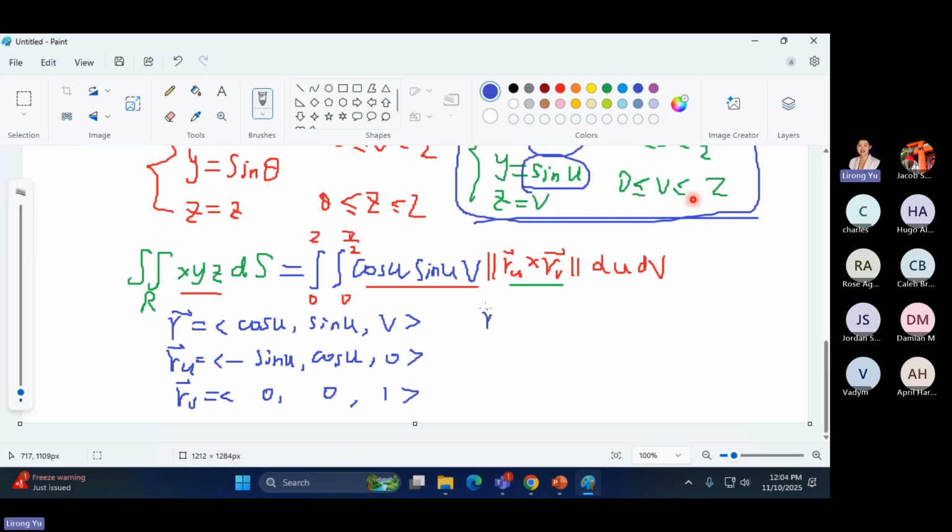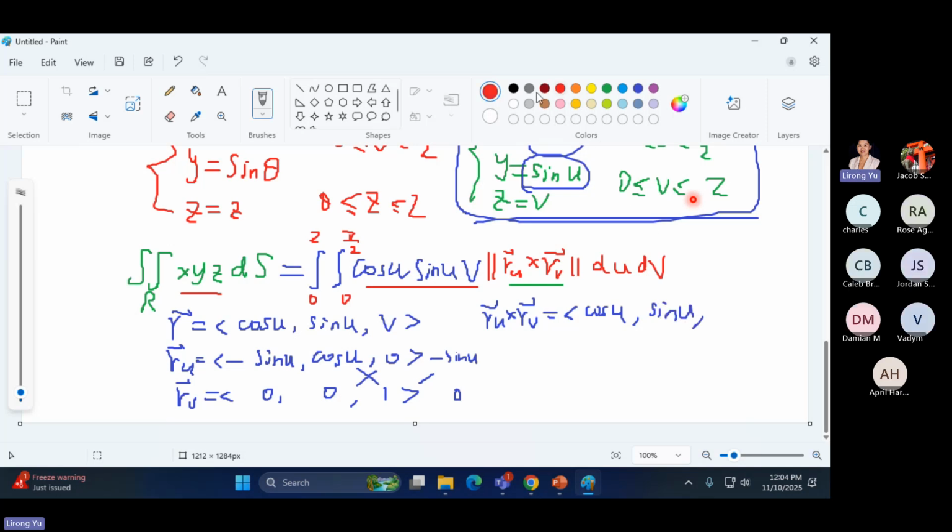Now the cross product is R_u cross R_v, which is equal to the vector cosine u, and then negative sine u, 0. So sine u here. The last component is the cross product between these two.